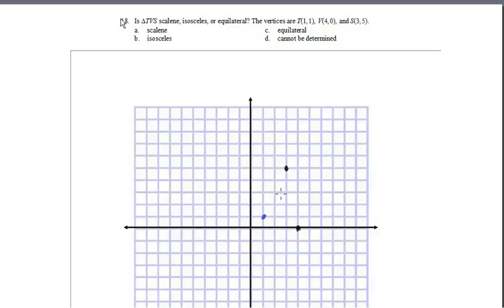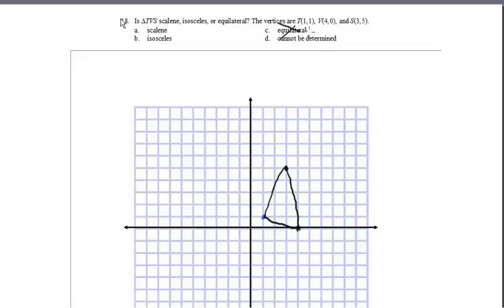Right? So if I simply draw this nice and straight-ish, well, that's not too bad. Could be worse. We should be able to look at this and realize that it's clearly not equilateral.